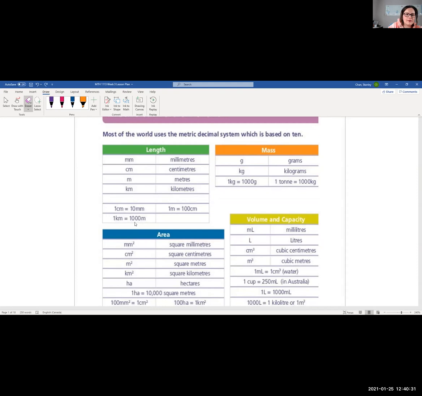So if I say, please convert 300 meters to kilometers, all that we have to do is basically set up our conversion factor, which is 300 meters, and then we multiply by, well, we need to know how many meters are in a kilometer first.